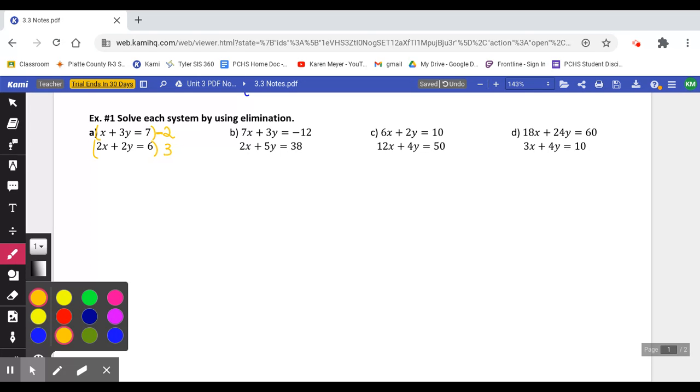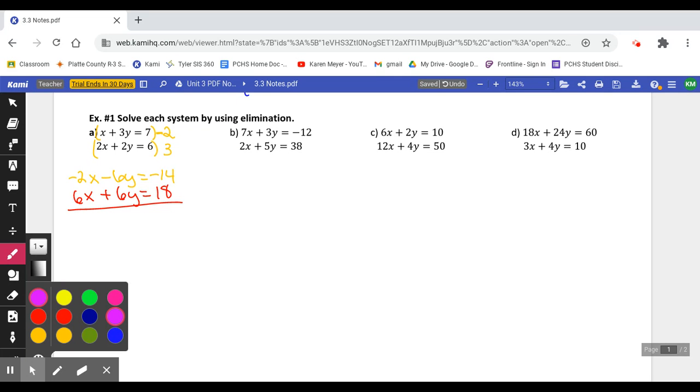Like the distributive property, -2 times x is -2x. -2 times 3y is -6y. And -2 times 7 is -14. Now multiply the bottom equation by 3. So 2x times 3 is 6x. 2y times 3 is 6y. Equals 6 times 3 is 18.